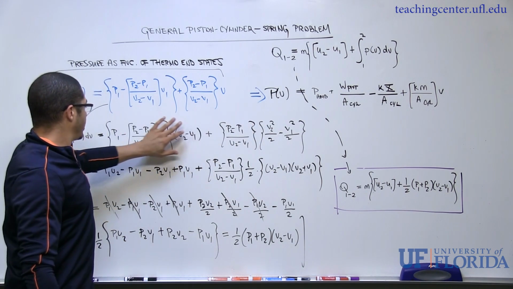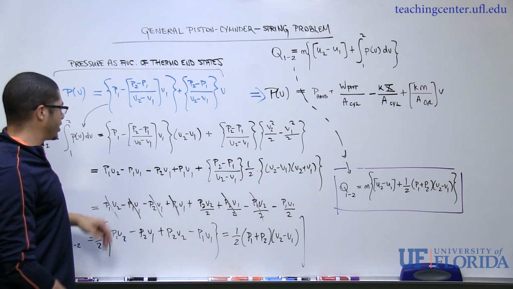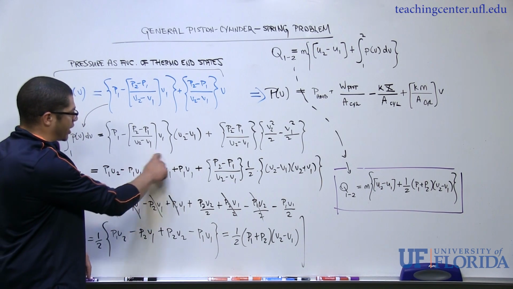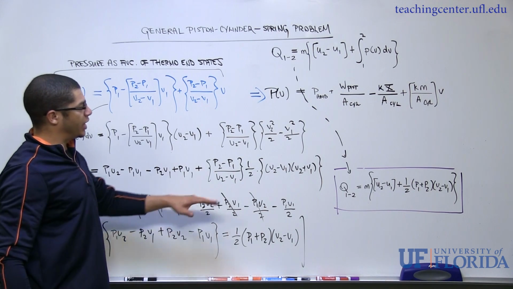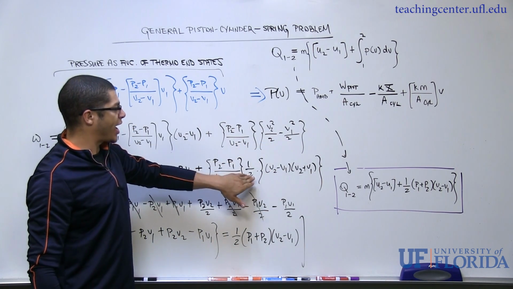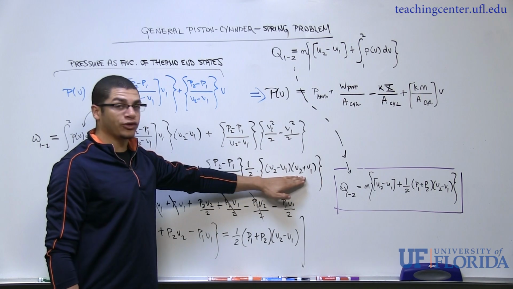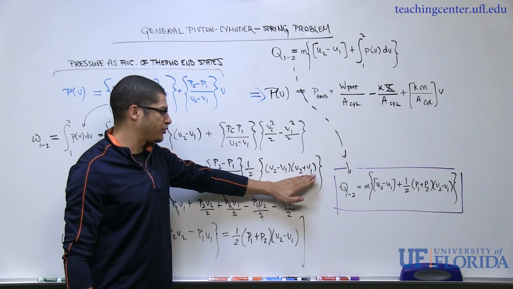At this point, all we need to do is algebraic simplification. If we go down to the next line, I've simply multiplied this expression through, and we get 4 resulting terms. And the second expression here, I've factored out the 1/2, and then I factored the difference of squares into this product, V2 minus V1 times V2 plus V1.